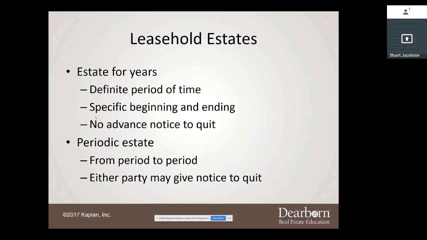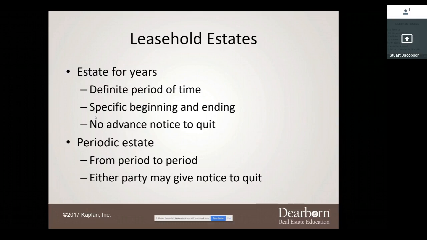Now, the next one is a periodic estate. A periodic estate is from one period, a predefined period, to another predefined period. So it auto-renews. The difference between an estate for years and a periodic estate is that a periodic estate auto-renews.